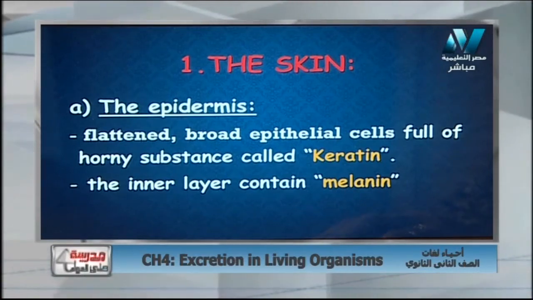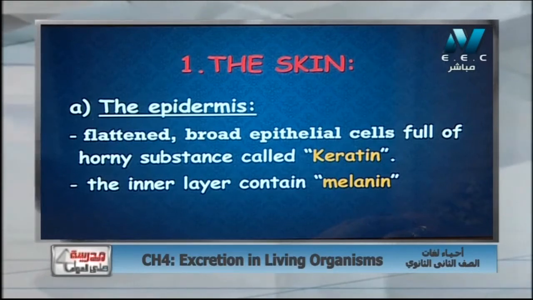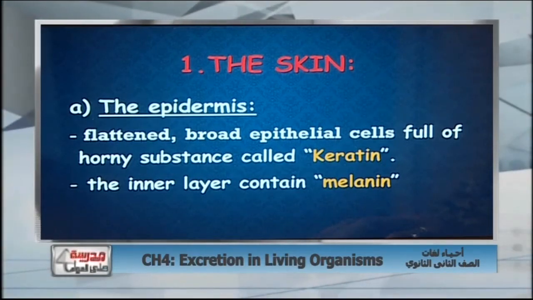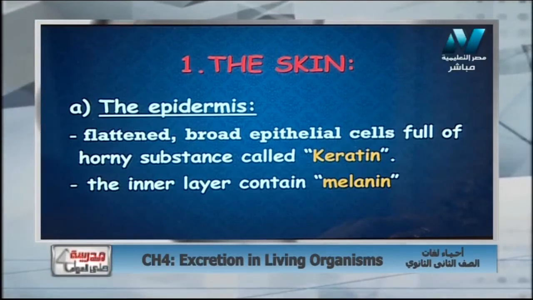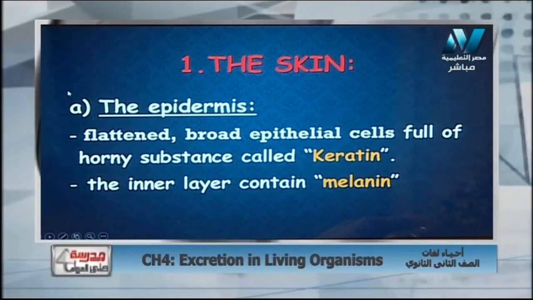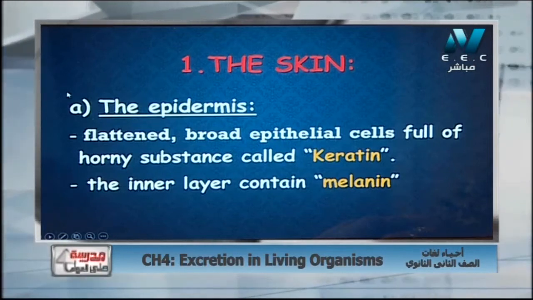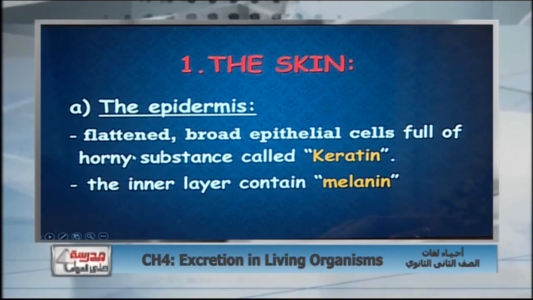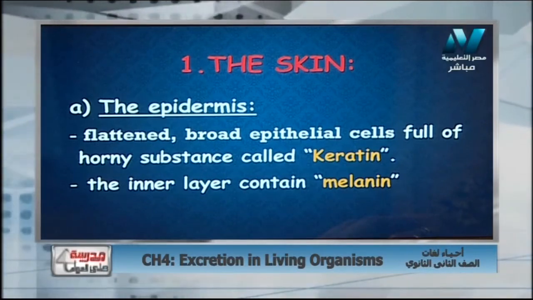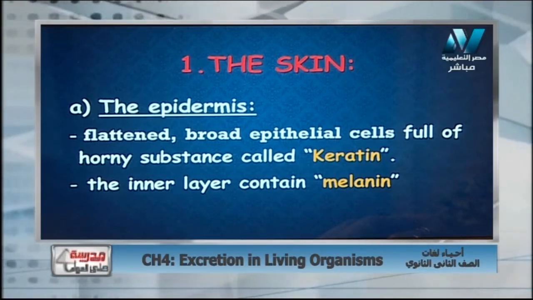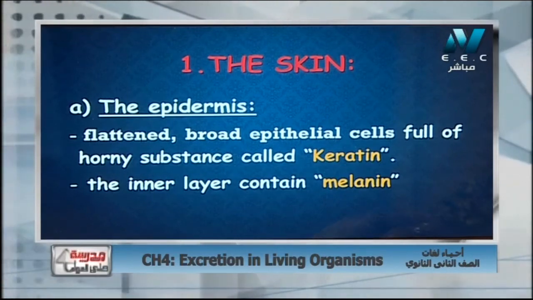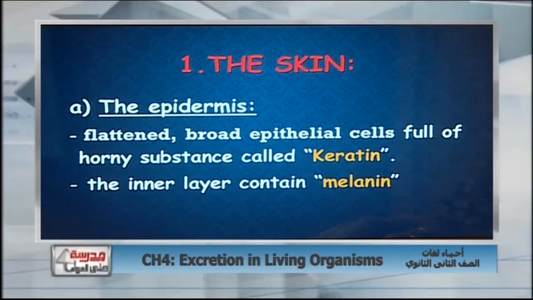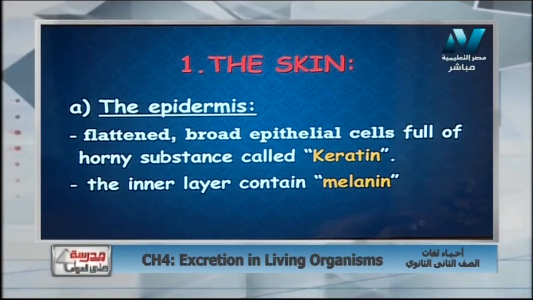And it is composed of flattened, broad epithelial cells full of horny substances like keratin. And so the keratin substance is present in the cells of the epidermis. And the upper layer of the epidermis is composed of dead cells. And it is very important to be dead cells to be an isolating layer between the body and the surrounding medium.